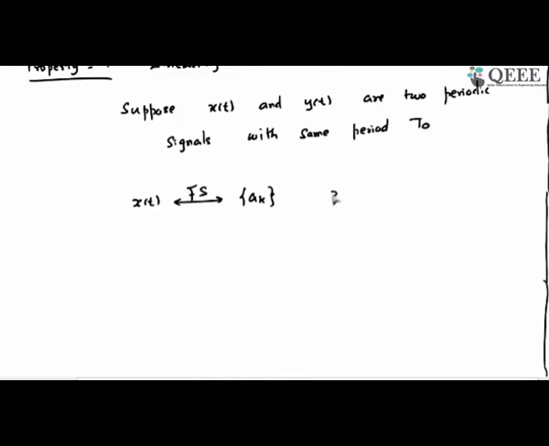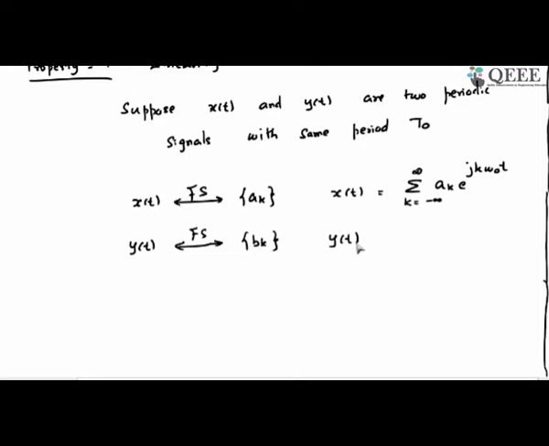Let us say x of t has Fourier series coefficients ak. It essentially means that x of t is the sum over k of ak e power j k omega naught t. Let us say y of t has its own Fourier series coefficients, which we call bk.